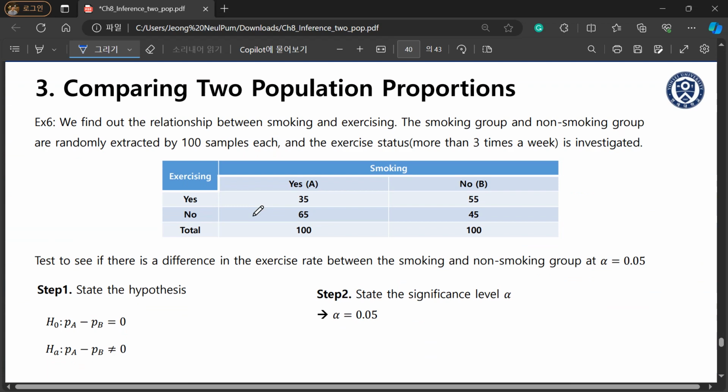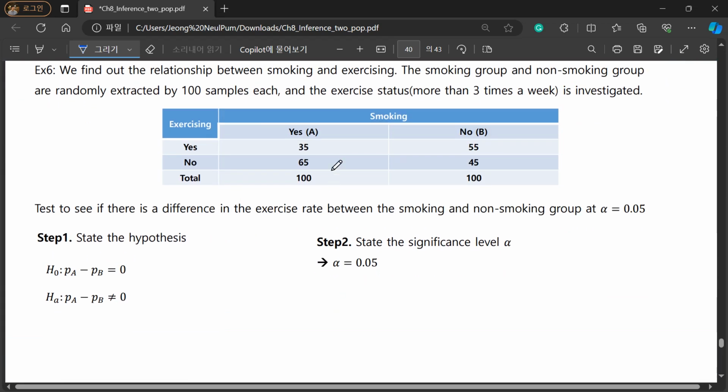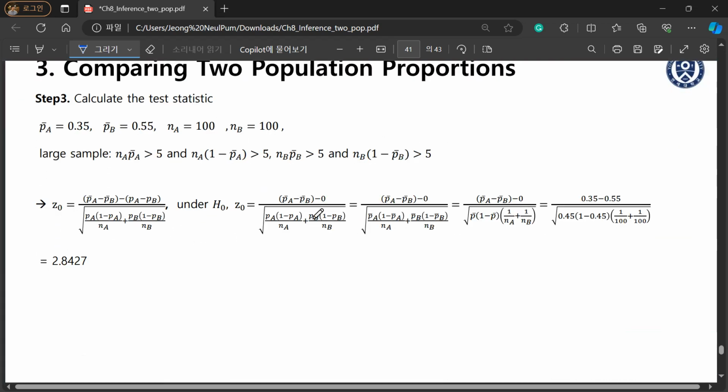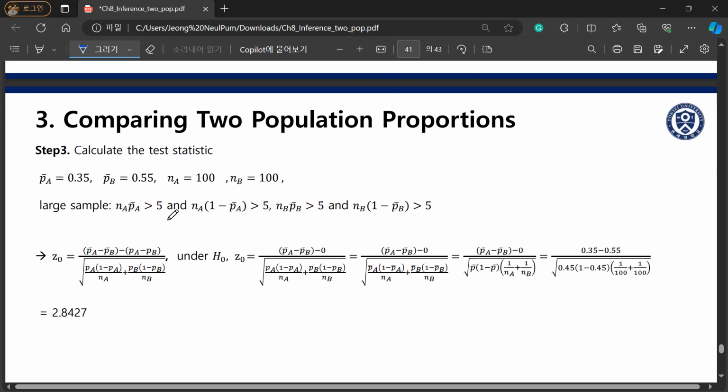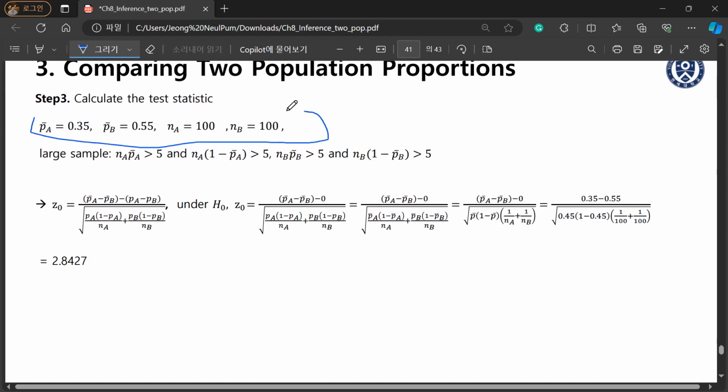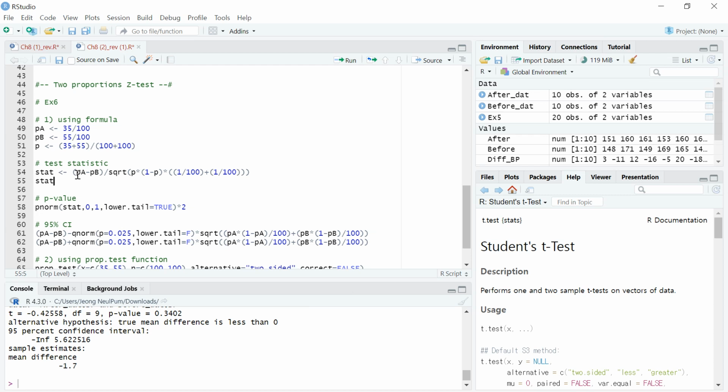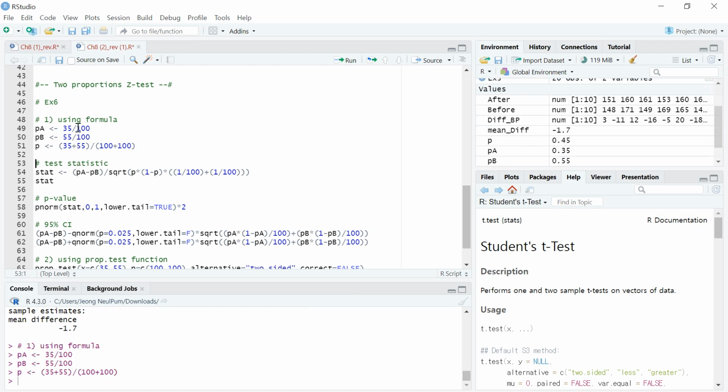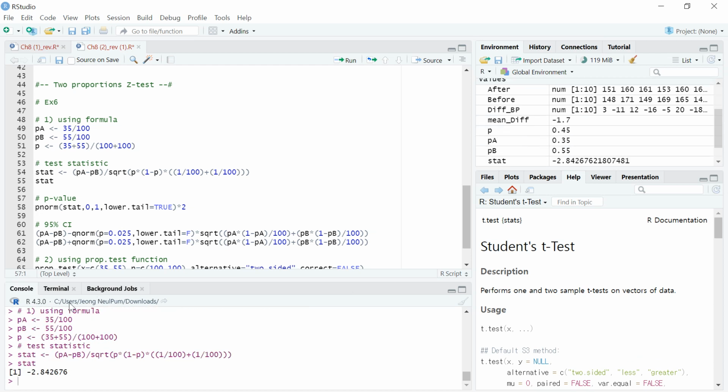So this is the example, and there are the process and all the information here, and you can get the test statistic as about 2.84.